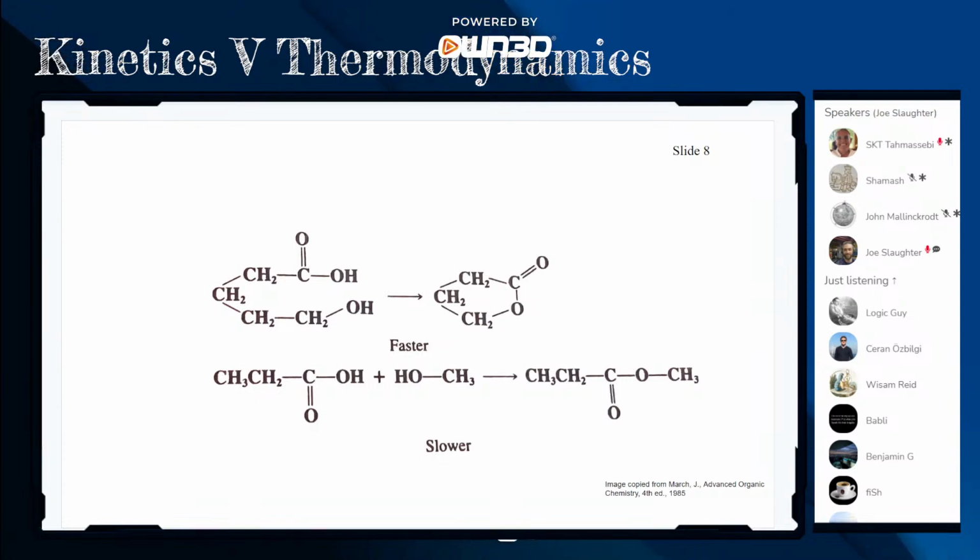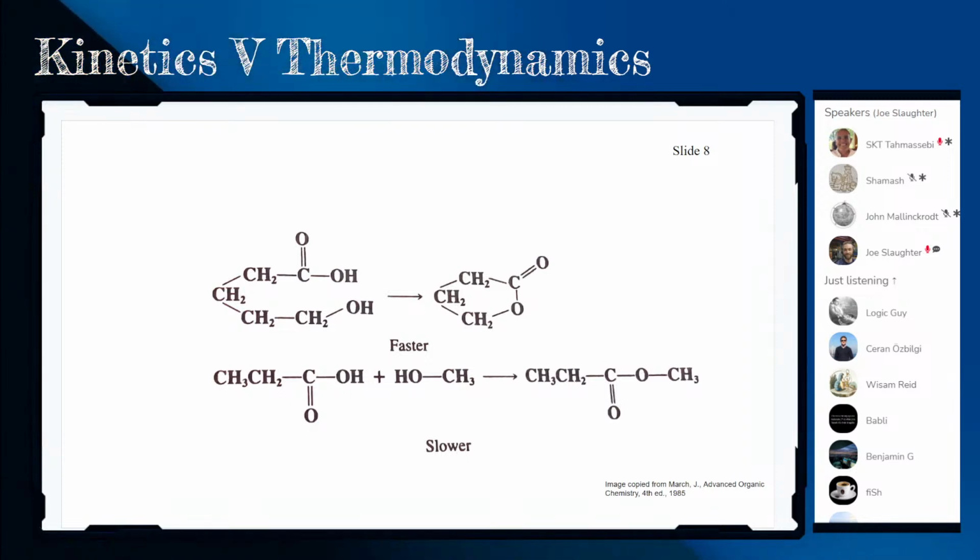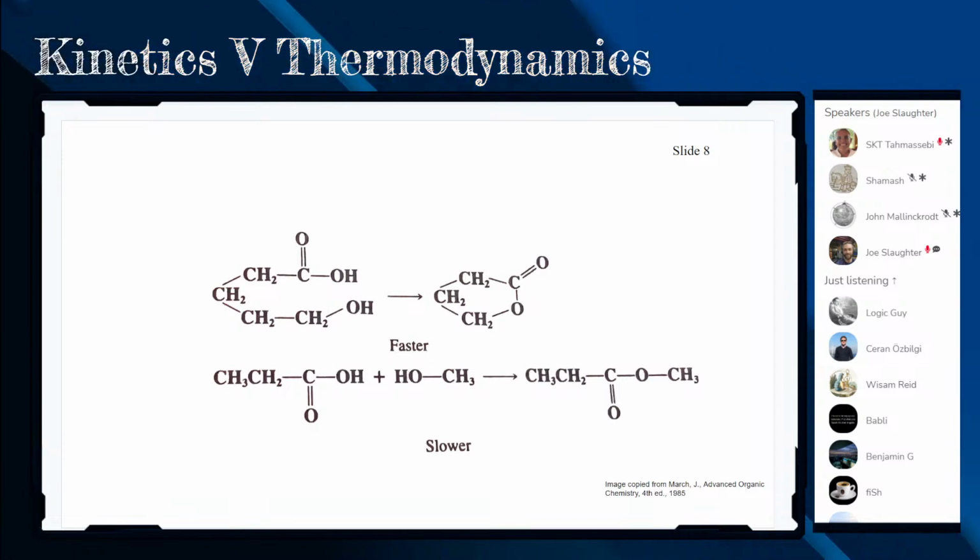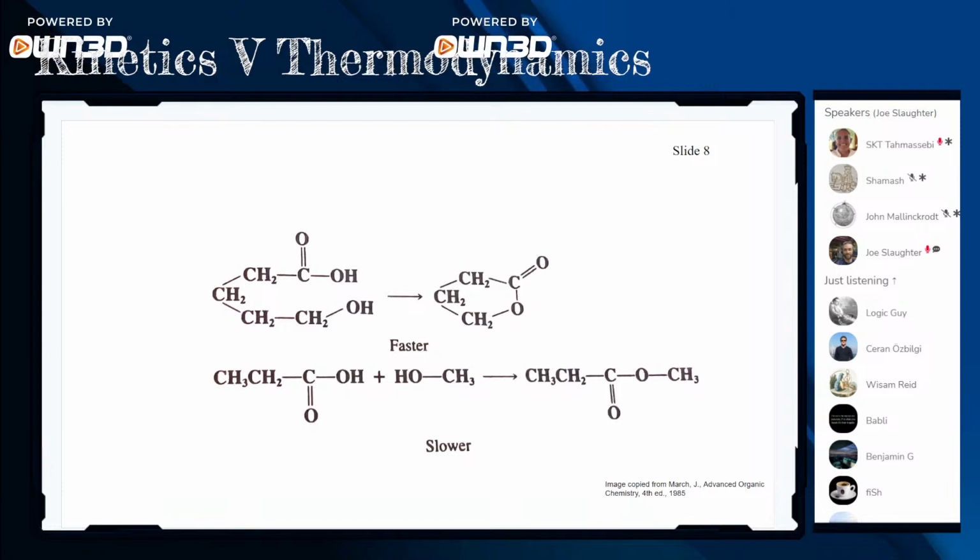Anyway, so yes, as Shamash said, that's a 6-membered ring. And so we look at the bottom one and the top one. We see that the top one goes a lot faster than the bottom one. And the question is why?